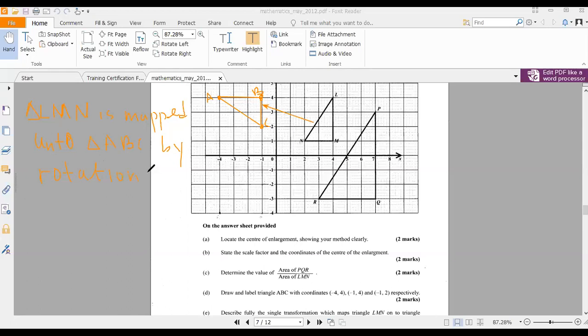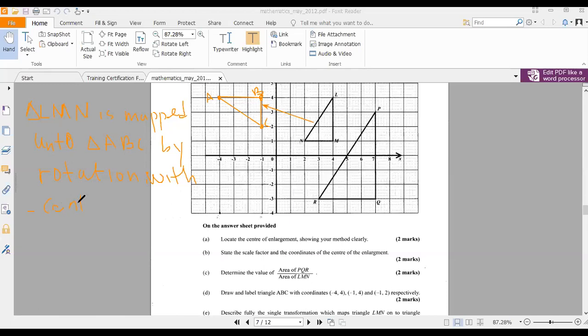So rotation, right? By rotation with the same size. So the first one is the center of rotation, right? We are going to determine the center of rotation.